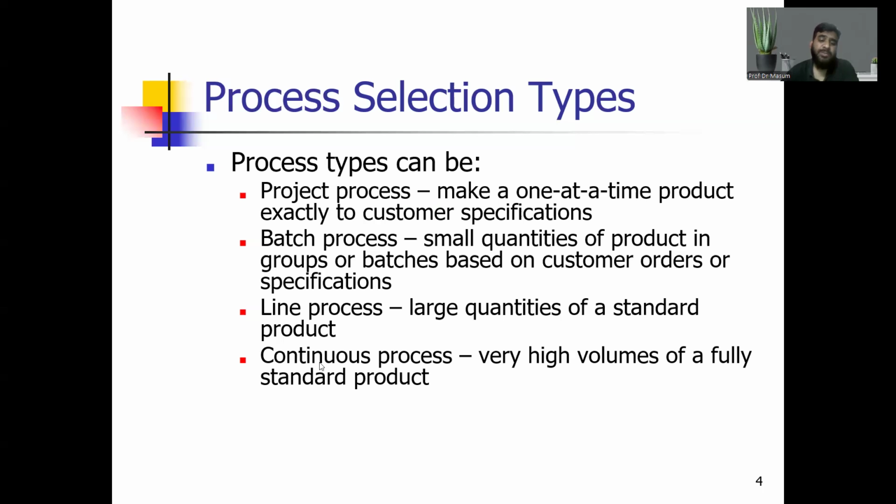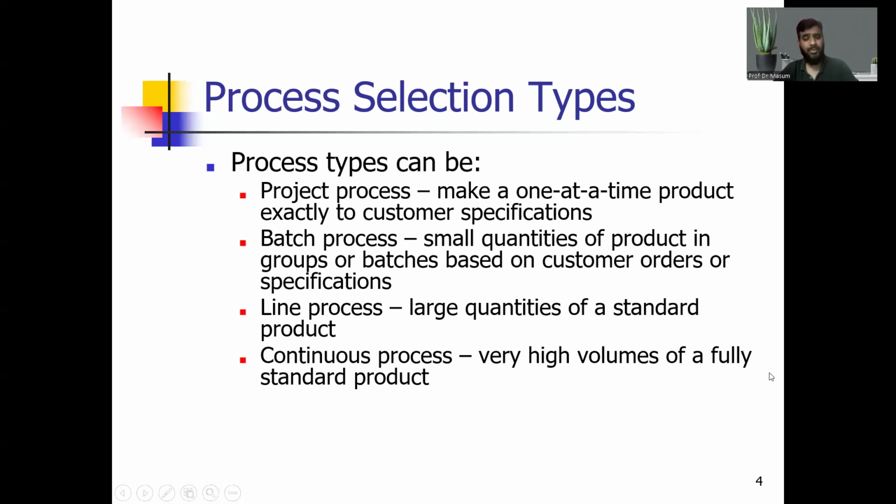And continuous process means that if you visit a Coca-Cola factory, you will find that they are producing 1 liter bottles in a production line, forever one product. High standardization, continuous process.